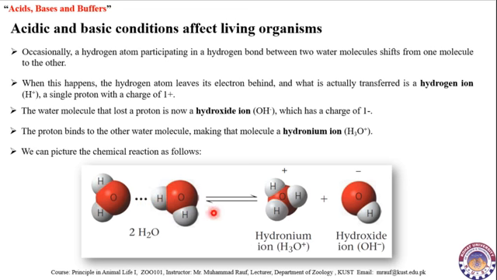So what will be the result? The result will be a hydronium ion and a hydroxide ion. The hydroxide ion is carrying a negative charge because it also has the electron of the departed hydrogen atom. And remember, this is a reversible reaction, which means this reaction can go backward into its original form and vice versa.